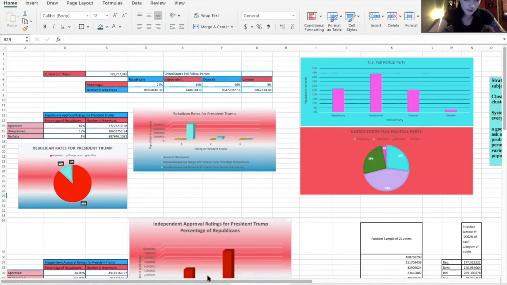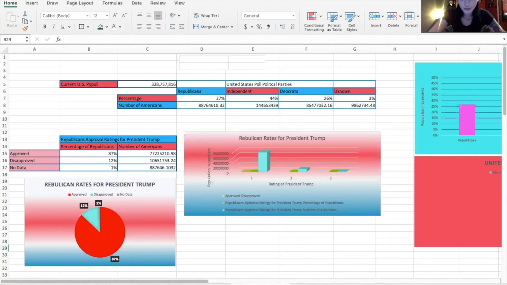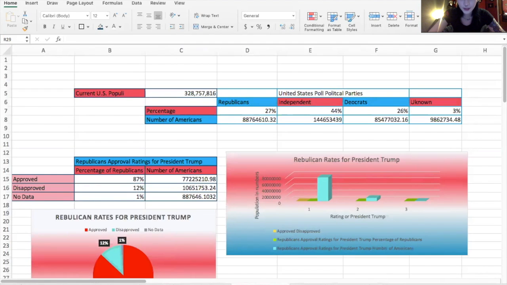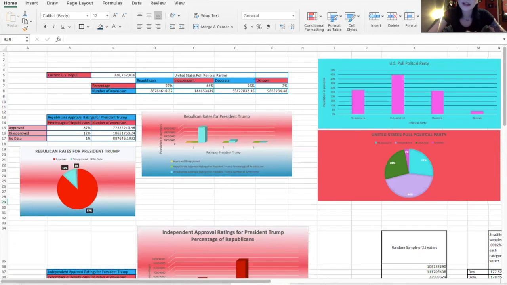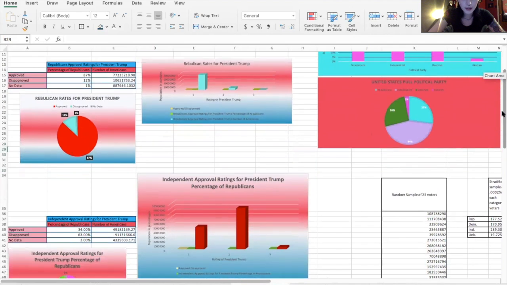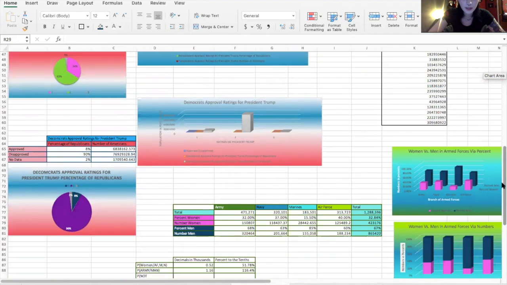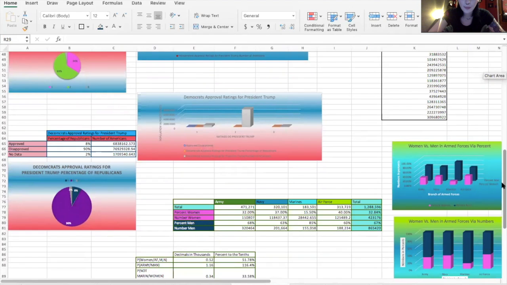If you look here for Republican rates for President Trump, which I'm not very political myself, we won't get into that. So you've got the Republicans, you've got the independents, and then you have the Democrats.